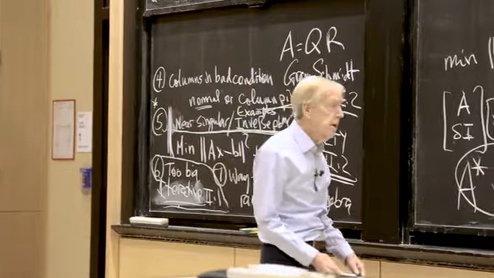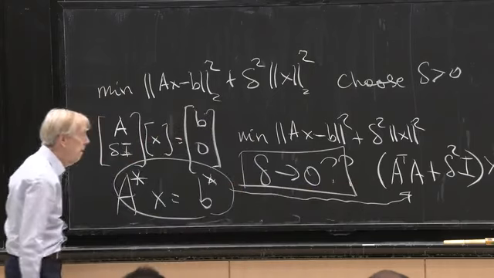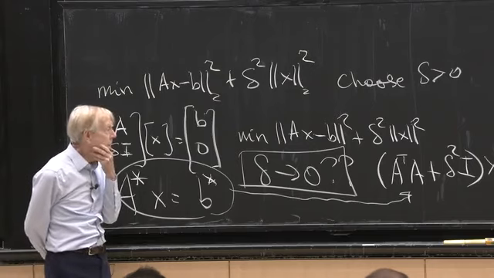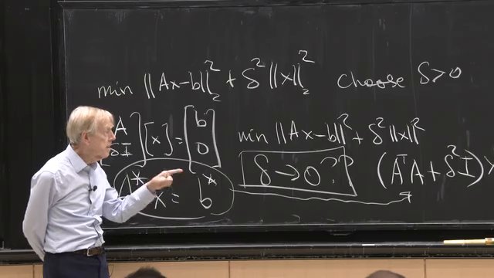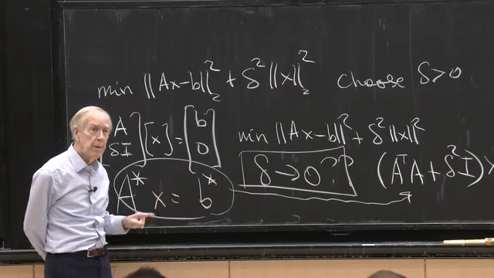And then the question is, as delta goes to 0, what happens? Of course, when delta goes to 0, you're falling off the cliff. Something quite different is suddenly going to happen there. Maybe we could even understand this question with a 1-by-1 matrix.